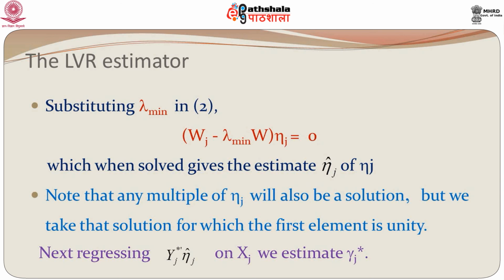So, this is the LVR estimator, and as we said, the LIML also reduces to minimization of L, and hence the LIML and the LVR ultimately lead to the same estimator. In today's lecture, we looked at the limited information maximum likelihood method and saw the difficulties in actually deriving the estimates for it.